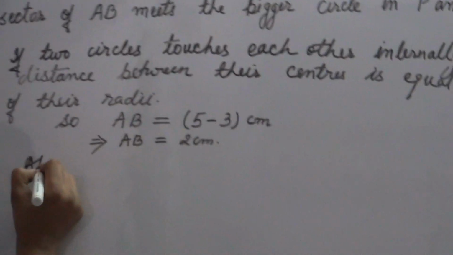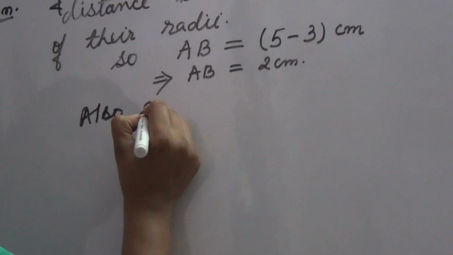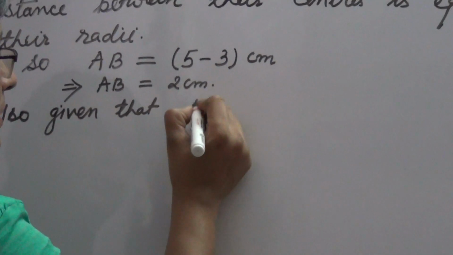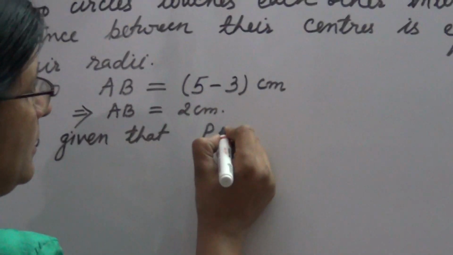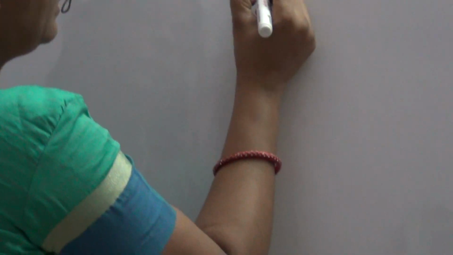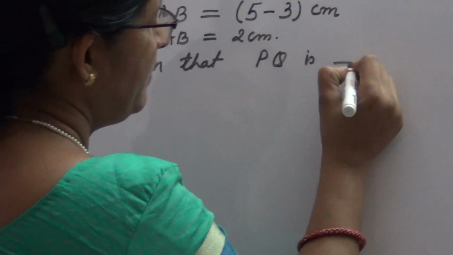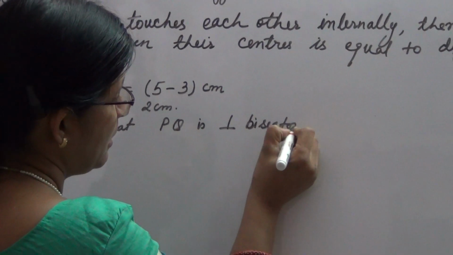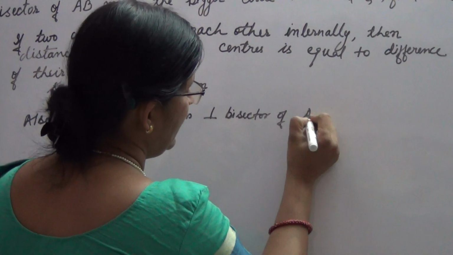Also given that PQ is perpendicular bisector of AB.